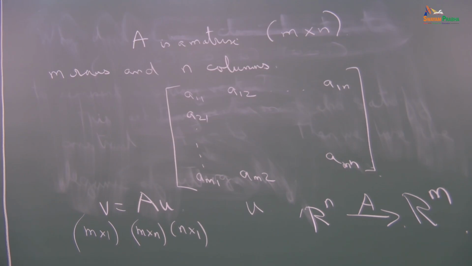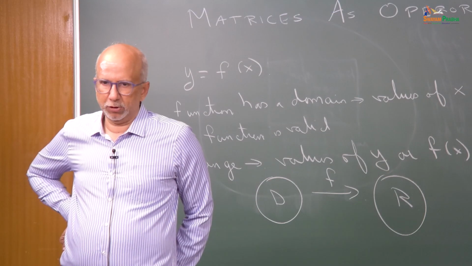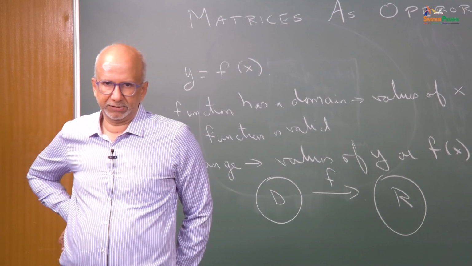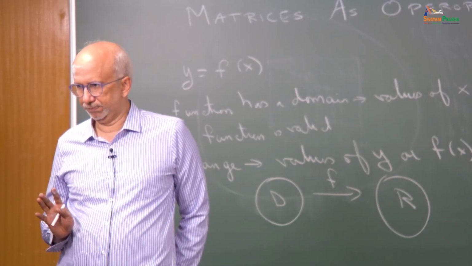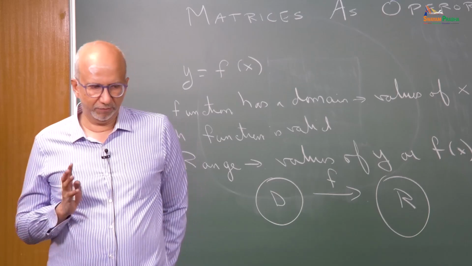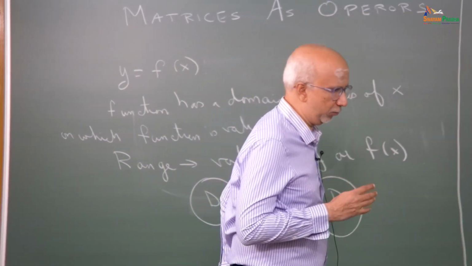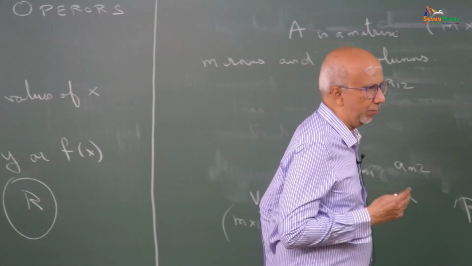Okay. And a function the way we spoke about could be non-linear, could be sin x, cos x, x square, e power x, whatever. But here I am talking about a simple matrix multiplication. So what is the way to look at the matrix? The way we are going to look at the matrix is it is an operator.